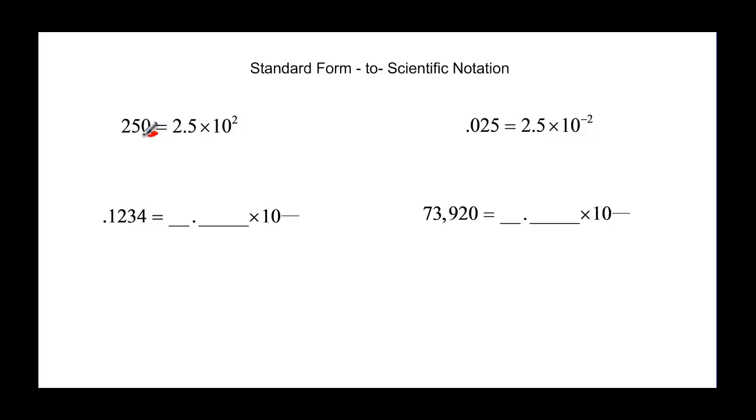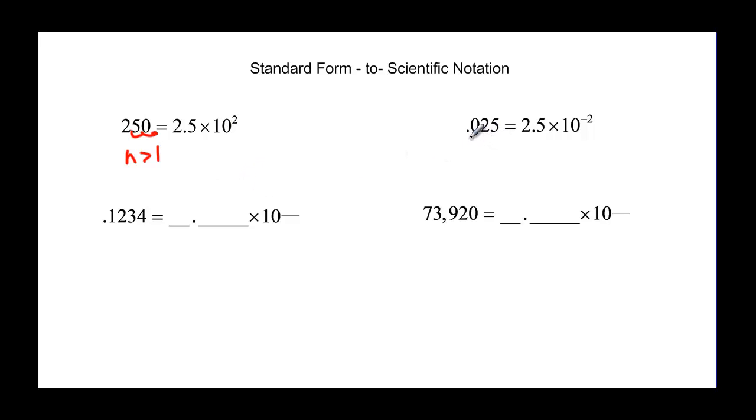If I move it to in front of the 5, I have 25, and that's greater than 10. But if I move it between the 2 and the 5, I have 2.5, which is between 1 and 10. So I write 2.5. And then how many decimal places I moved is going to be my exponent. So we moved 2 places, and it was a number larger than 1, so it's a positive 2 exponent.